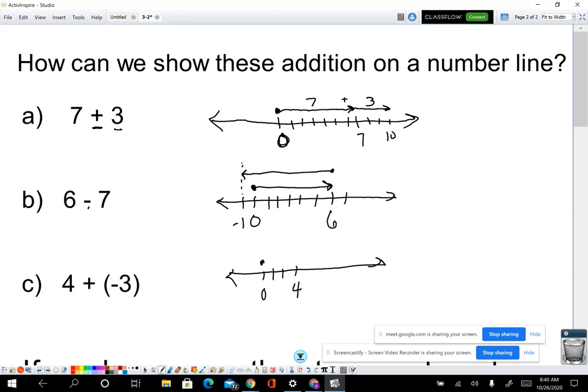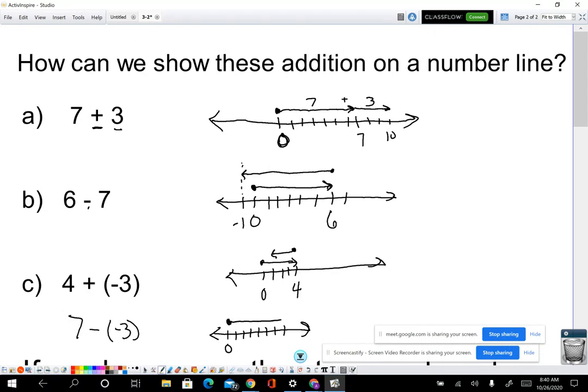And then the last one would be very similar to that one right up above. We go to the right 4 units. And then from there, we go to the left 3 units. Now, how do you do a 7 minus a -3? This looks exactly the same way as the top one.